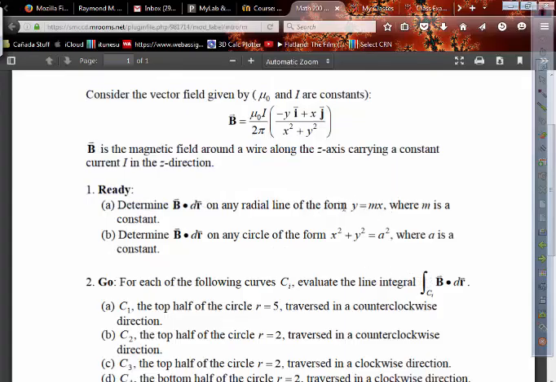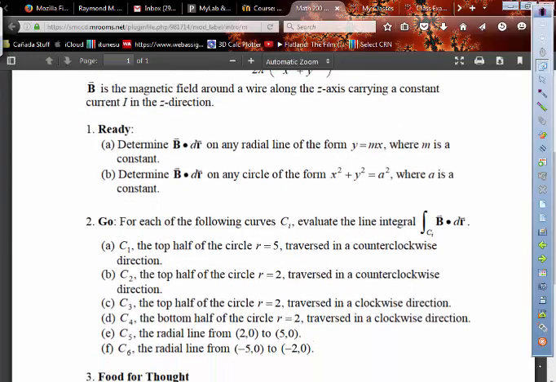It turns out that if you look at a radial curve, just a straight line going through the origin, and if you look at circles, they follow a certain pattern regardless of what the slope is or what the radius of the circle is. So when you go to the next part, there are six different curves that you're going to integrate over.